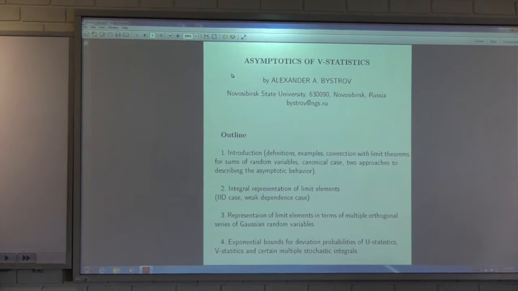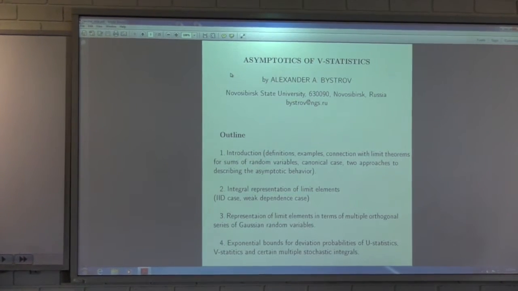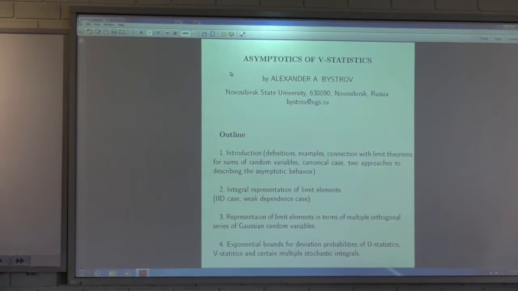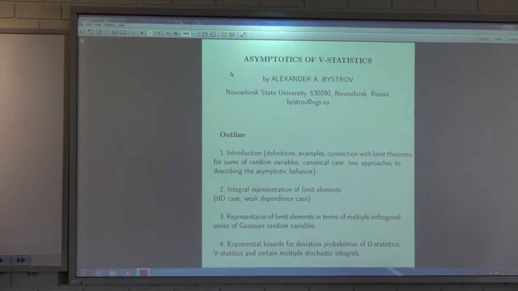And after that, I want to introduce two approaches of describing the limit elements in these limit theorems, which are the integral representation of limit elements and representation of limit elements in the form of multiple orthogonal series of Gaussian random variables.